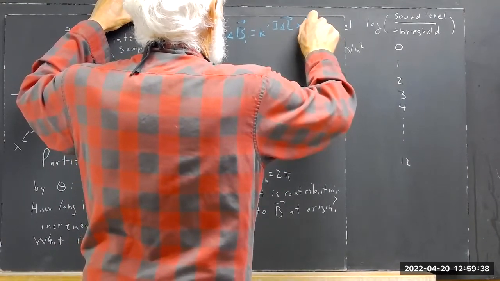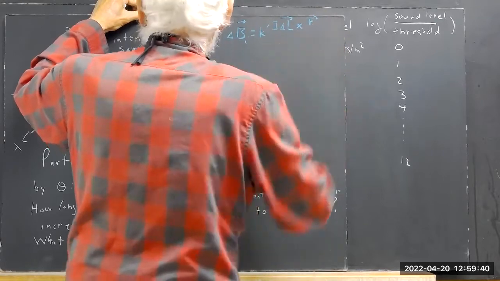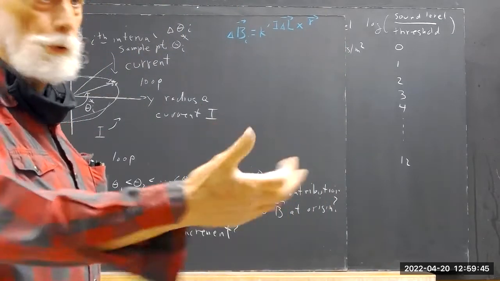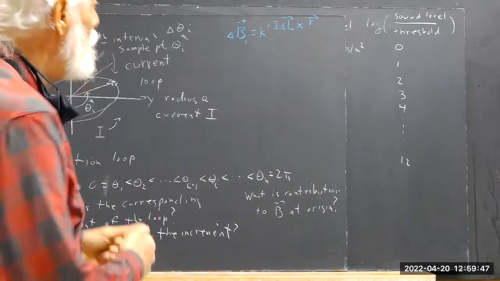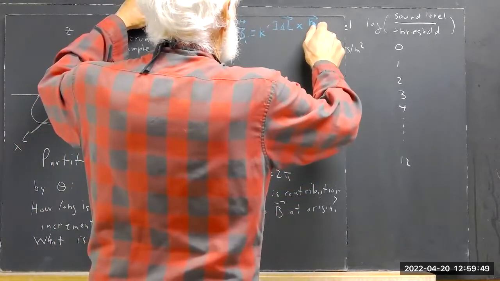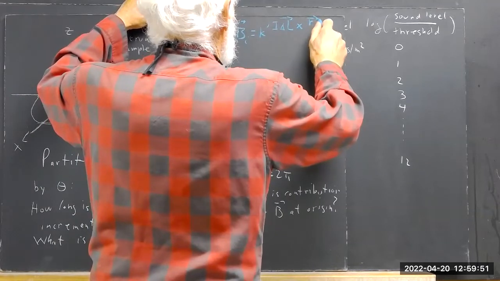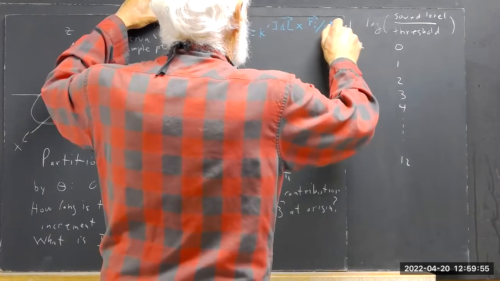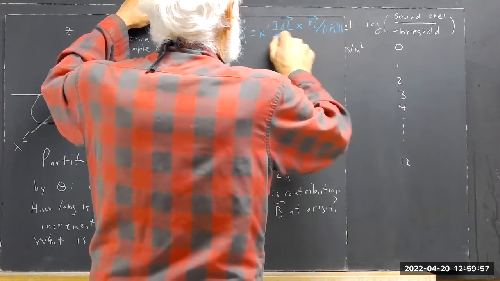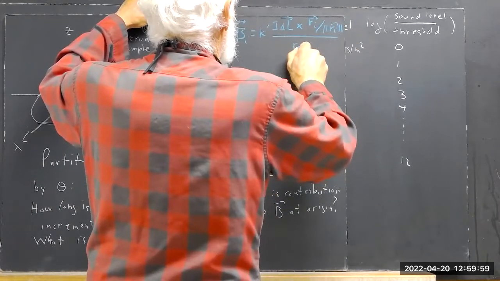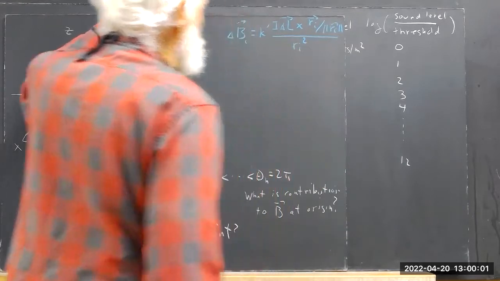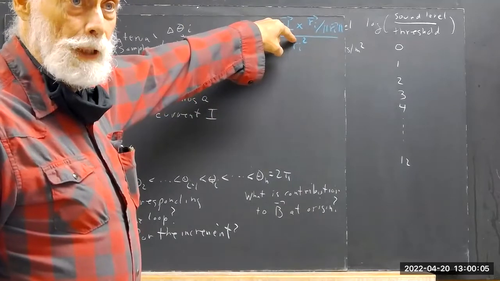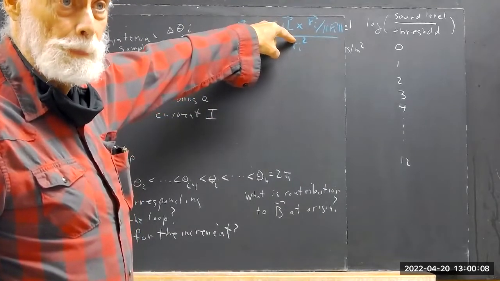You cross that with the R vector, which of course, you demonstrated. Your right hand was doing all the right things when we discussed it, so I'm not going to. So we have r sub I over the magnitude of r sub I, over r sub I squared. With no vector over the r sub I, we mean the magnitude of r sub I.